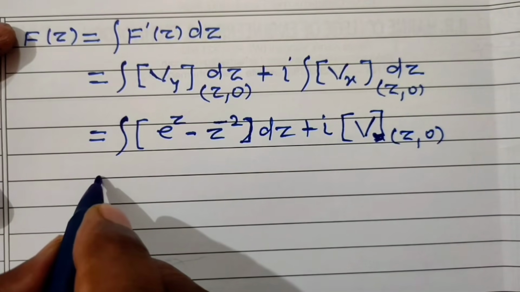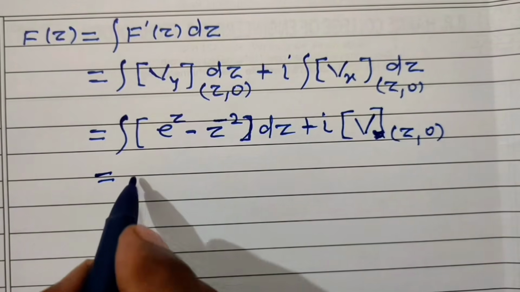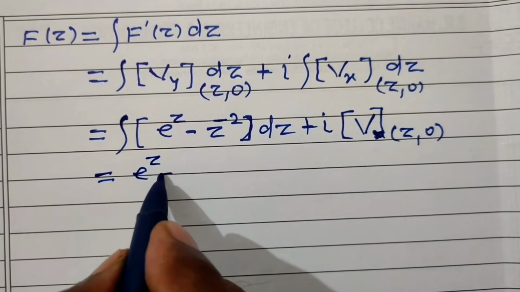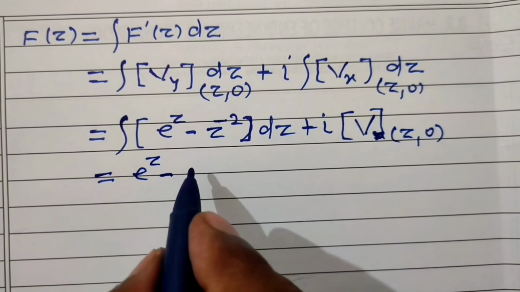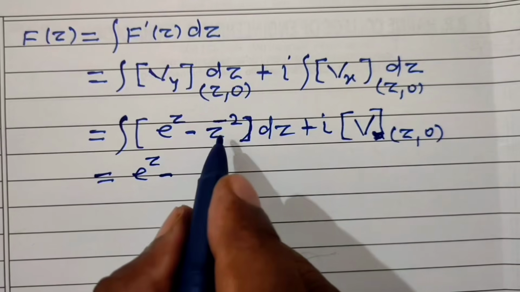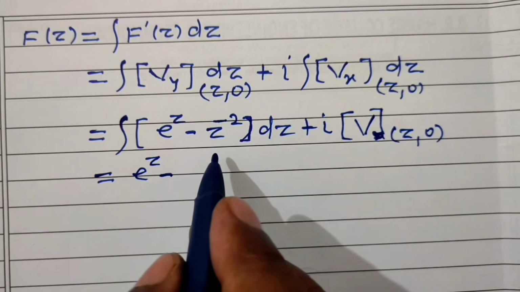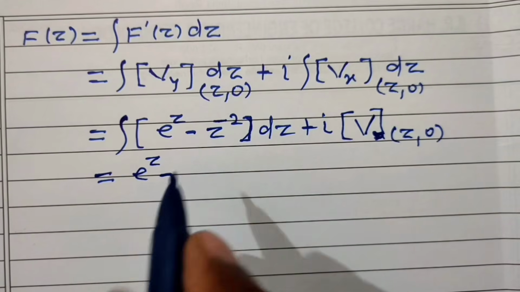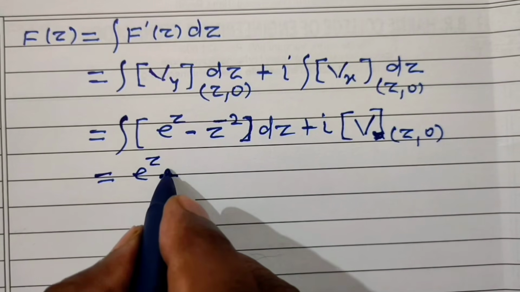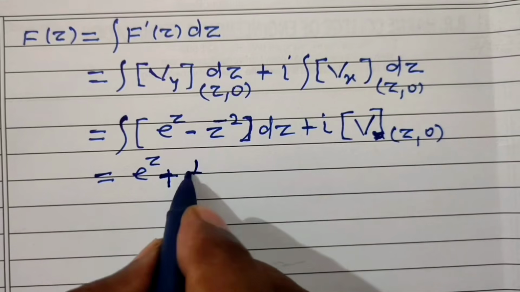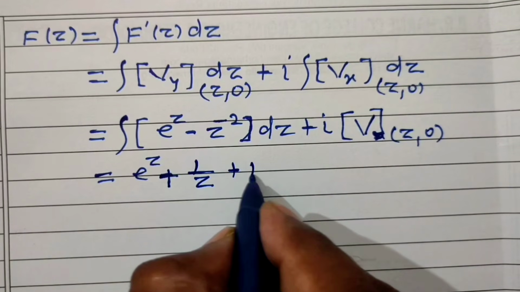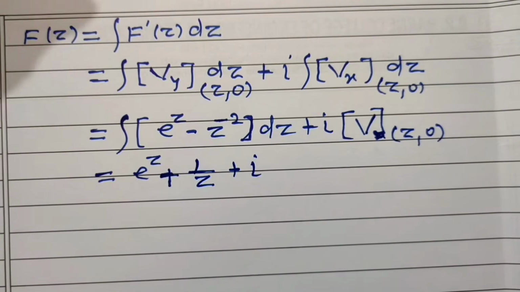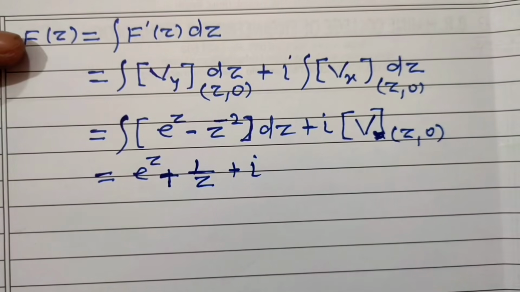So this is equal to integral of e to the power z, which is e to the power z, minus integral of z to the power minus 2 with respect to z, which is z to the power minus 2 plus 1 divided by minus 2 plus 1, means minus z to the power minus 1 divided by minus 1, so minus minus plus 1 upon z, plus I into V at z comma 0, which is e to the power z plus 1 upon z.